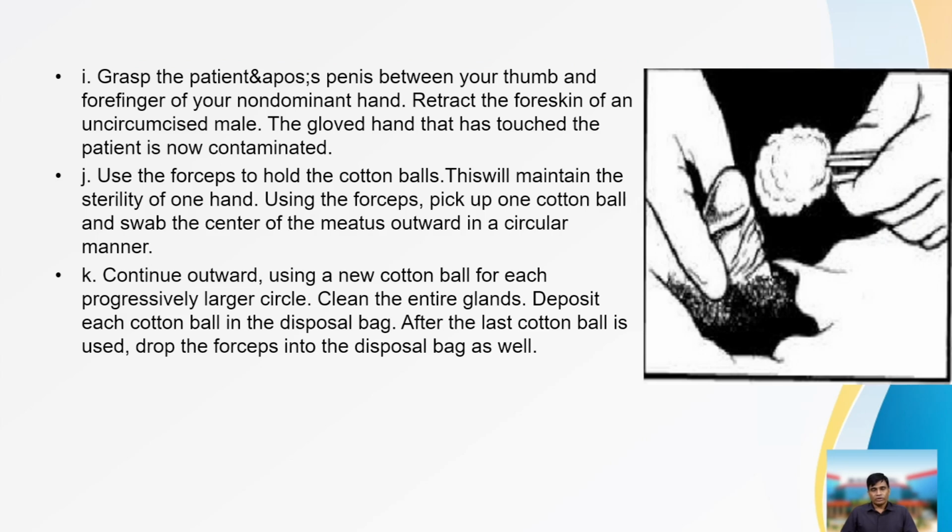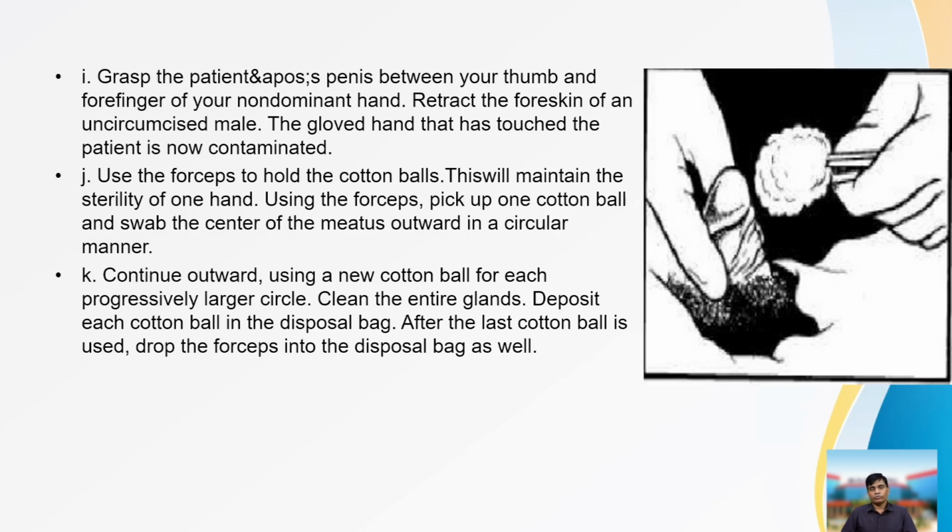Next, grasp the patient's penis between your thumb and forefinger of the non-dominant hand. Retract the foreskin of an uncircumcised male. The gloved hand that touched the patient is now contaminated.